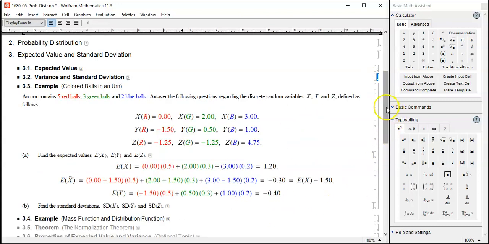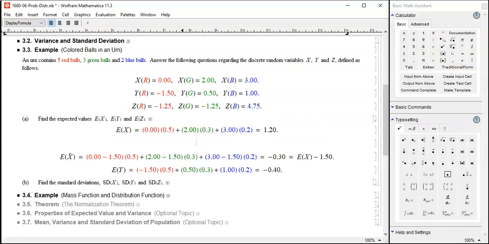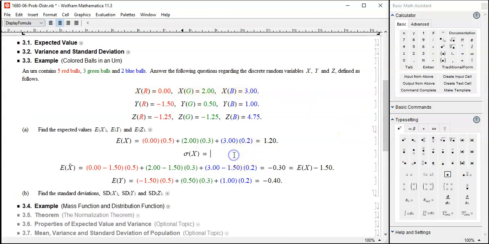Let's go to these problems here. How about the standard deviation? Here's a good problem. Let's calculate the standard deviation of the first game X. Well, we have to calculate the variance first.